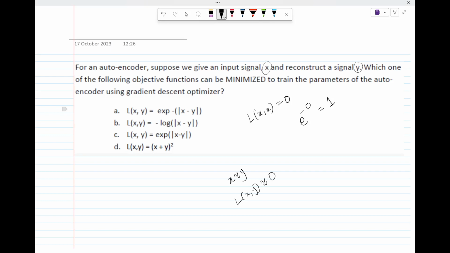Here they are saying x minus y is 0; this will be equal to minus log 0, which is basically infinity.